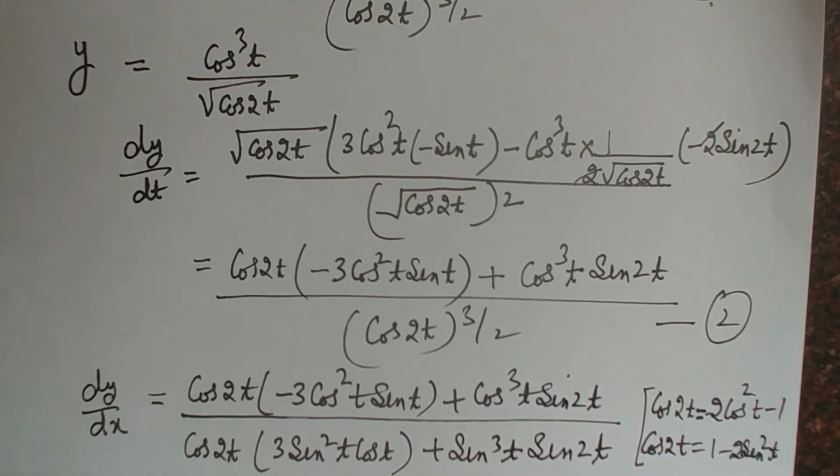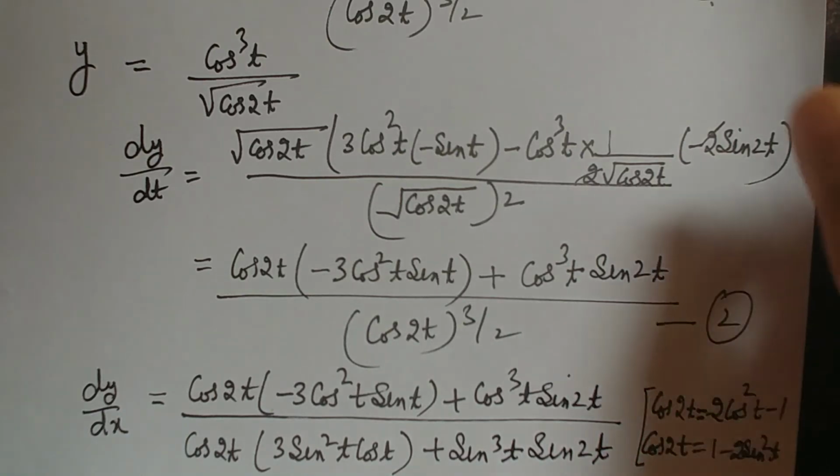As you see in the numerator, cos cube and cos square are there, the dominance of cos power is there. So I'll open this cos 2t as 2 cos square t minus 1, and in the denominator, you can see the sine power is in dominance. So I will open this cos 2t as 1 minus 2 sin square t. Okay, so this is the way how we will solve this part.